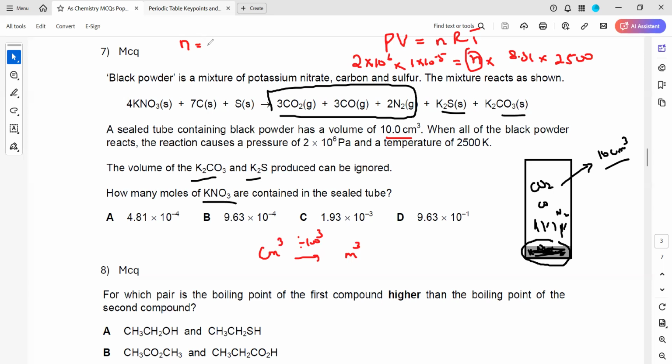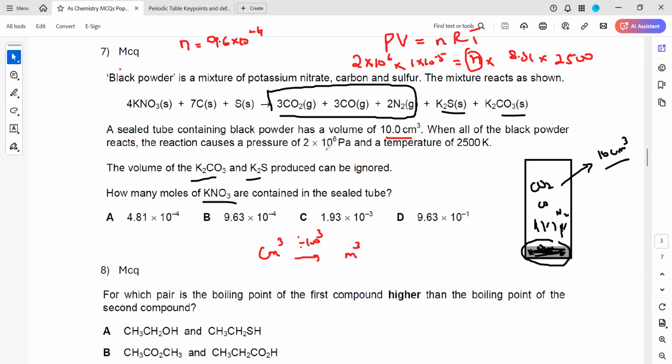That will be the number of moles, which is 9.6 times 10 to the power minus 3. This gives us the total moles of the gases that are produced.